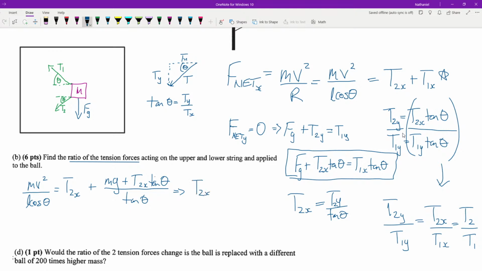So T2x is equal to mv squared over L cos theta, over 2, minus mg tan theta all over 2.